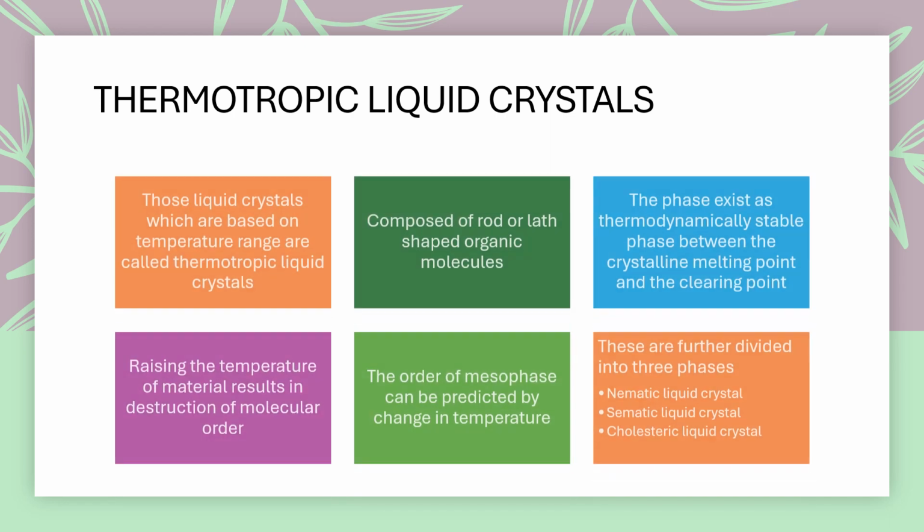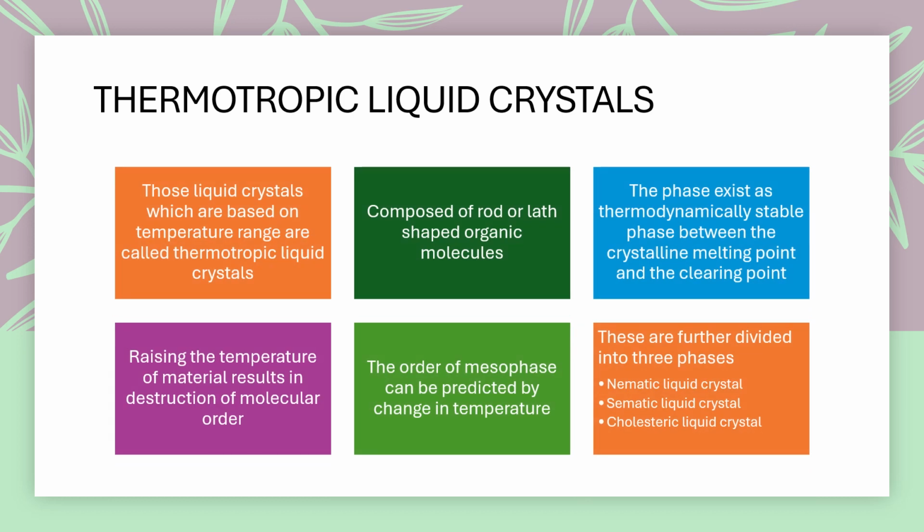Thermotropic liquid crystals. Let's see what is thermotropic liquid crystals. Those liquid crystals which are based on temperature range are called thermotropic liquid crystals. These are composed of rod or lath-shaped organic molecules.